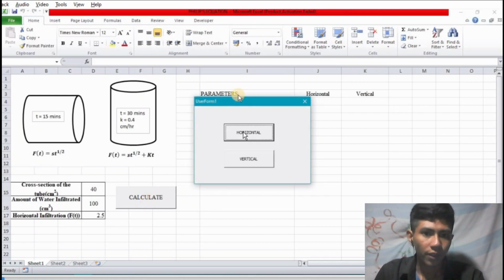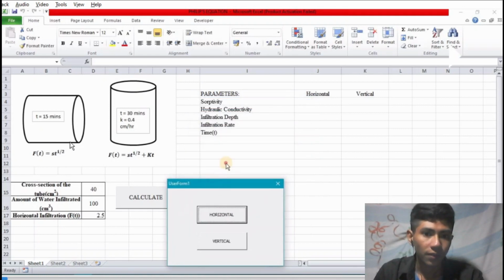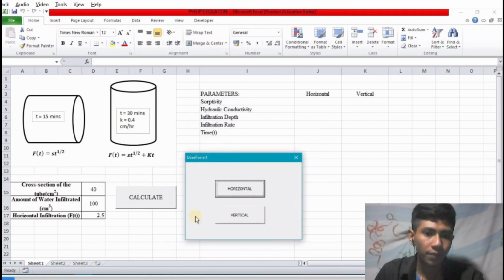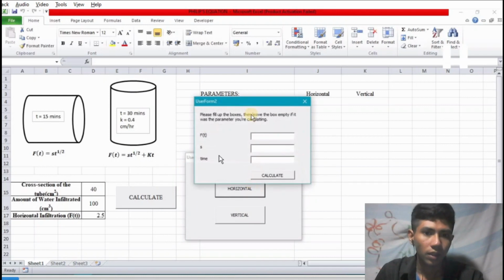So what we're looking for is horizontal first. What we're looking for in this horizontal was the sorptivity of the soil. Sorptivity. So please fill up the boxes, then leave the box empty if it was the parameter being calculated.